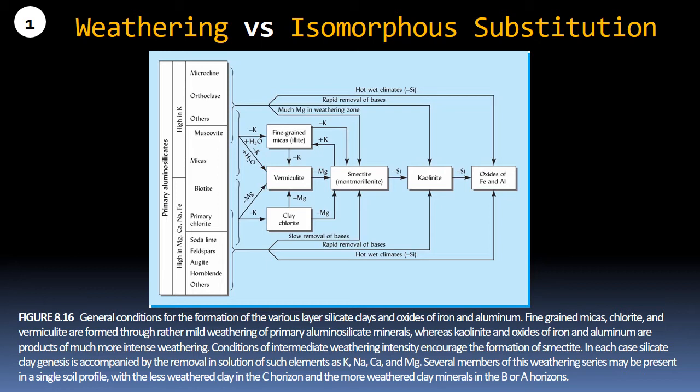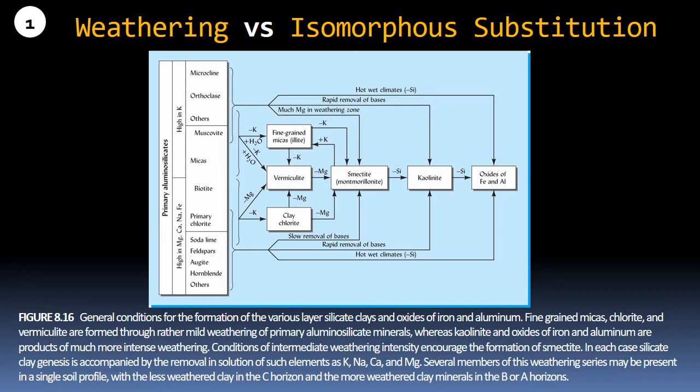And as it loses the silicon, its structure and its type completely change from a 2-to-1 type of clay mineral, which we know has a huge surface area, a huge number of charges, and is a swelling type clay, to kaolinite, a 1-to-1 clay, which is non-plastic, has a lower surface area, and is a non-swelling clay, and so on. And again, if the weathering continues, the kaolinite can lose silicon, and as it loses silicon, it will end up with aluminum and iron oxide.